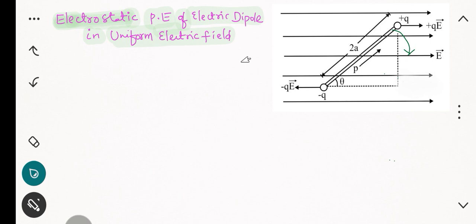We have already derived the expression for the torque acting on an electric dipole in a uniform electric field, which is given by tau bar is equal to P bar cross E bar, which is equal to PE sin theta.